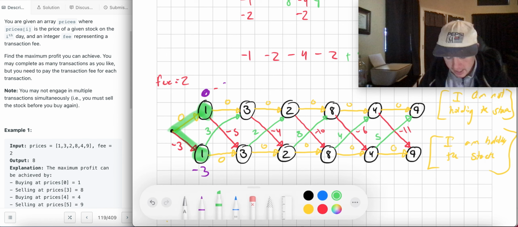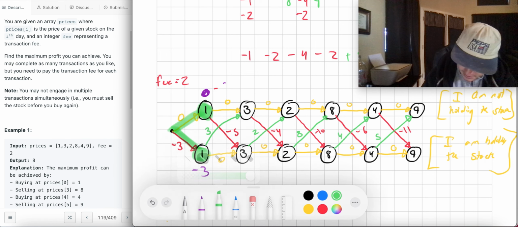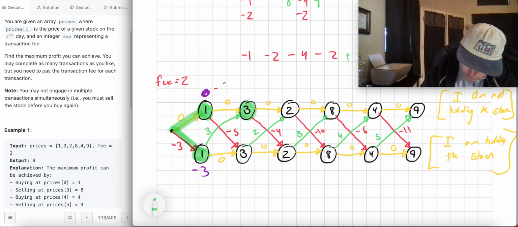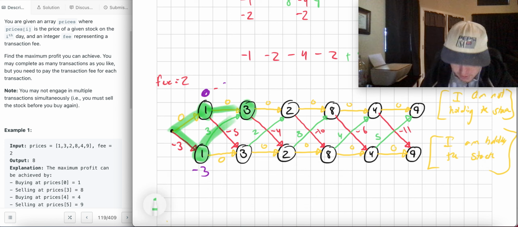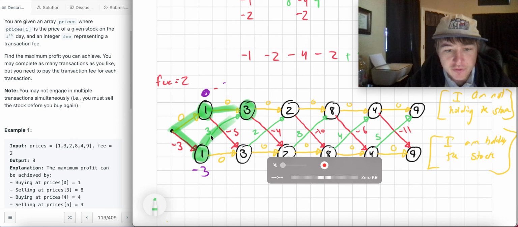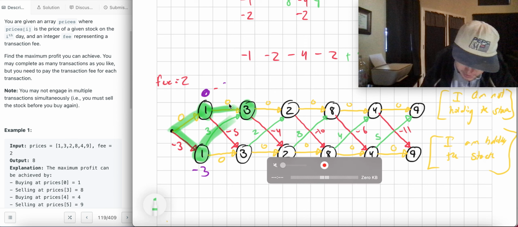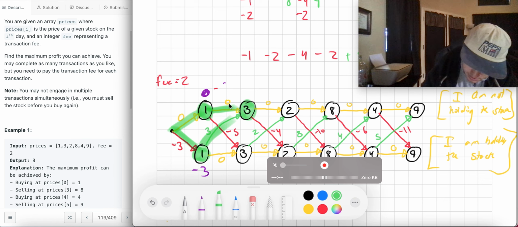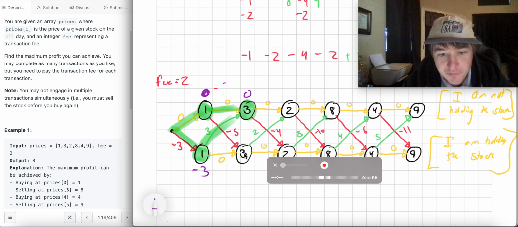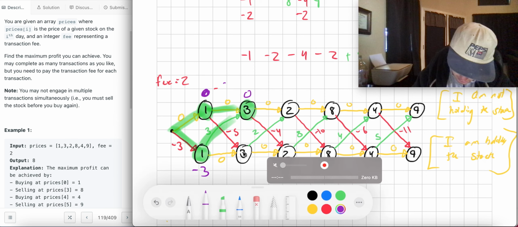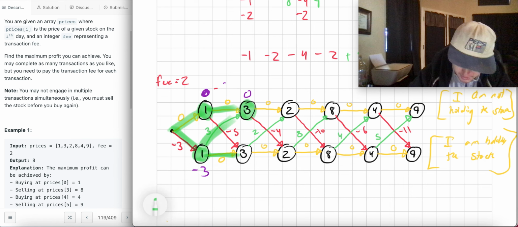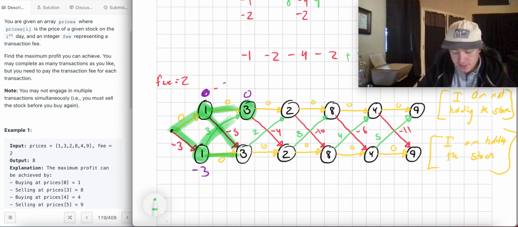Okay, and then we can look at this next node here. Going to this node, I can take 0 or I can take 3 and 3. So I can either go -3 and get 3 and get 0, or 0 again. So either way, it's going to give me 0. From this node, I can take -3 and get to -3, or I can take -0 and -5.